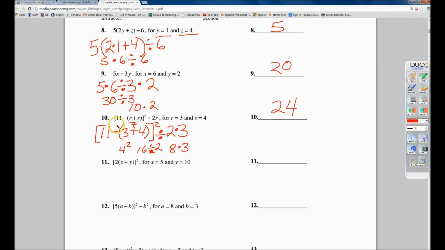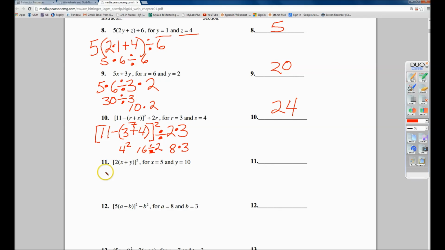So let's just review this one. We substituted correctly, and we're going to do the innermost parentheses first. 3 plus 4 is 7. 11 minus 7 is 4. 4 squared is 16. Divided by 2 is 8. Times 3 is 24.